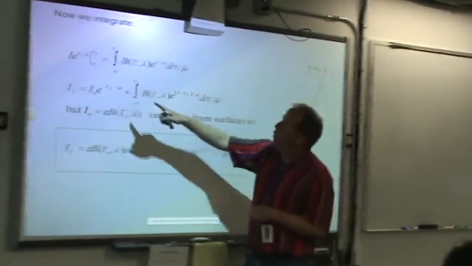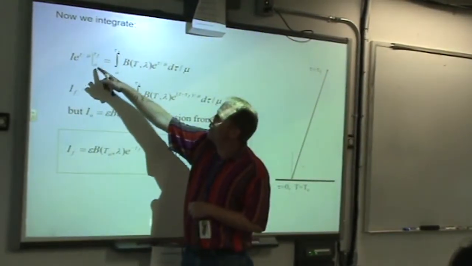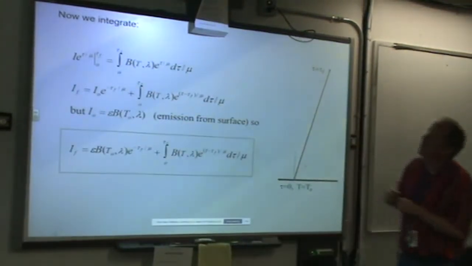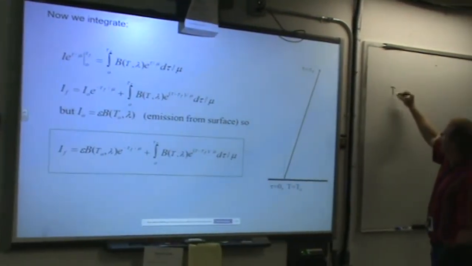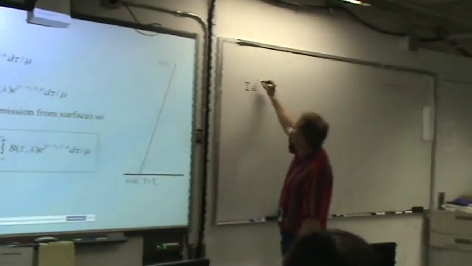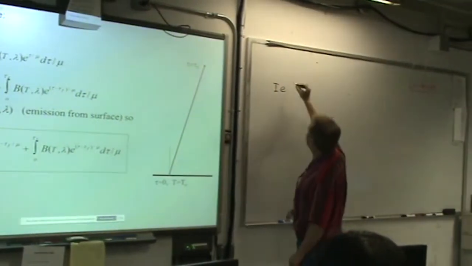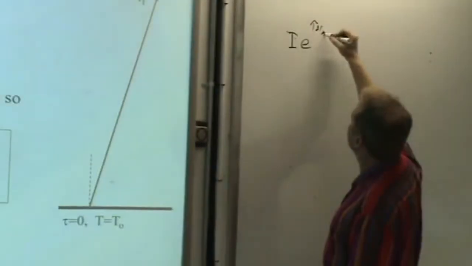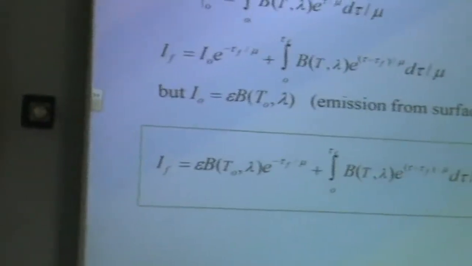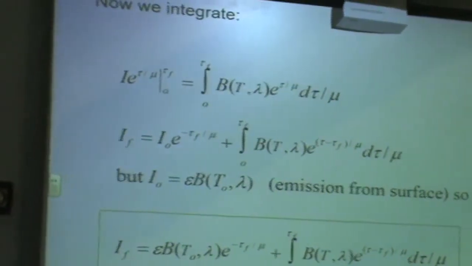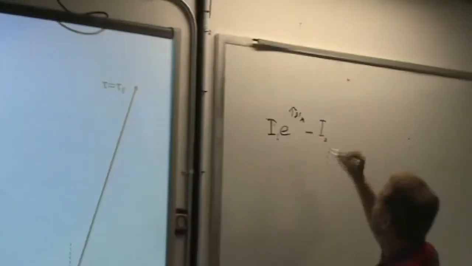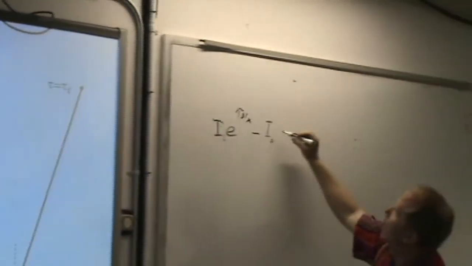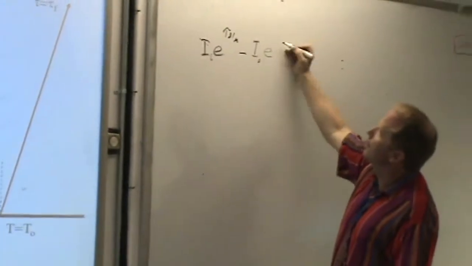But this little thing here, evaluated at 0 and tau final, that's going to become I e to the tau final over mu, minus, and I should write this is the final and this is the initial, and then e to the 0.